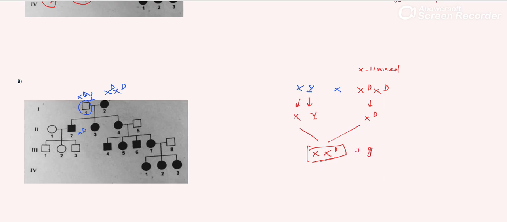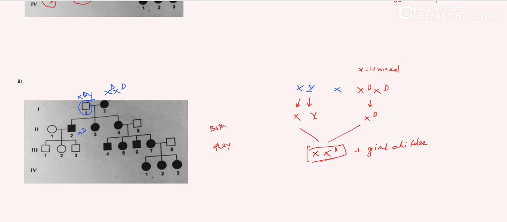In case of girl children, they should be normal or carriers, but here we find that they cannot be diseased, they should be carriers.